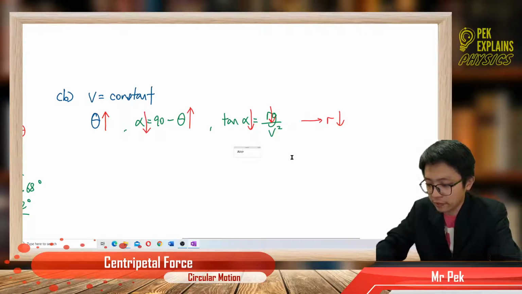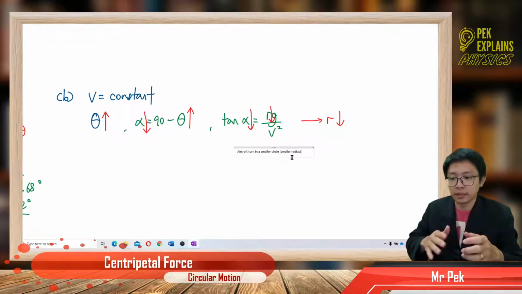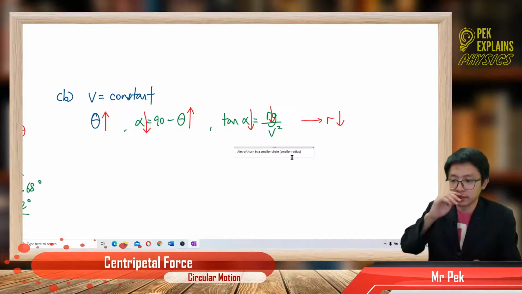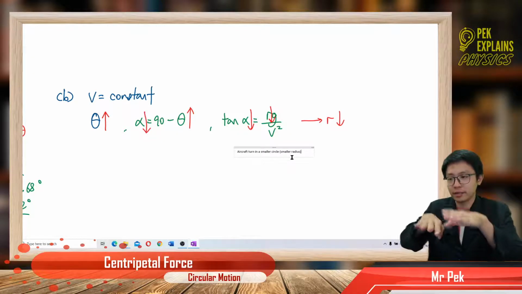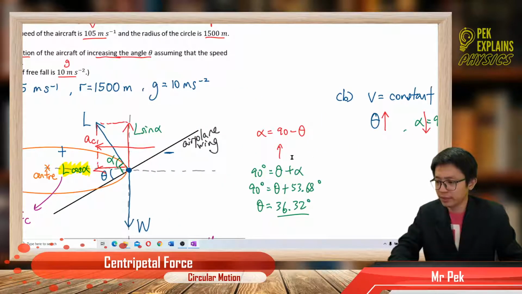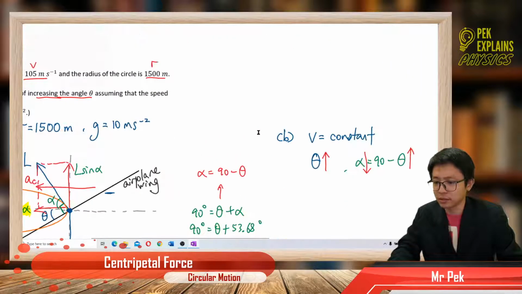The aircraft turns in a smaller circle, or a circle with a smaller radius. It means it turns faster. Yeah, it makes a smaller circle already. It can turn sharply. That means when theta increases, it tilts more. What is meant by theta increasing? Theta increasing means it tilts more.